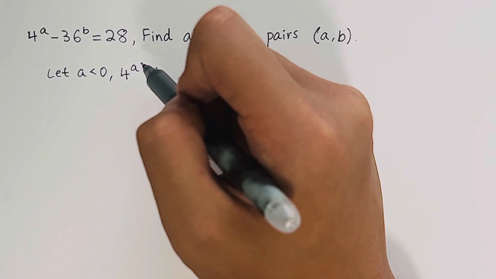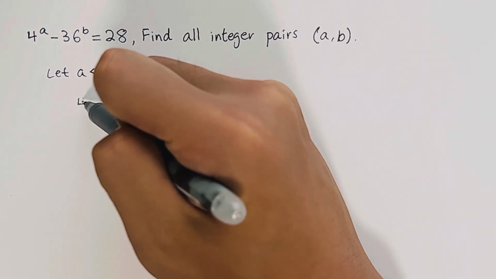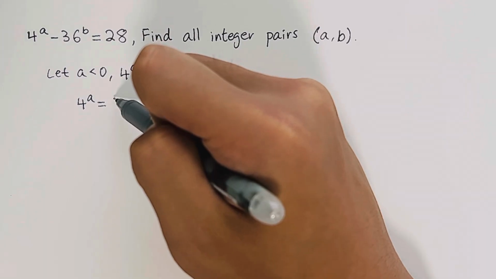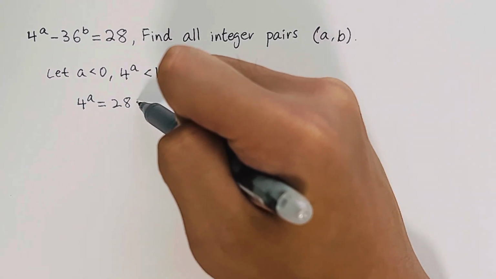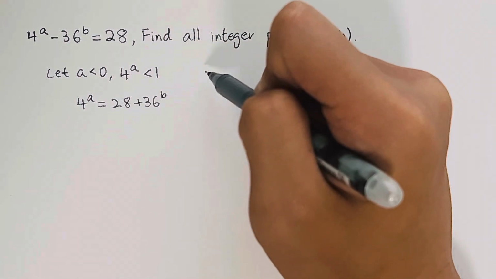And then the equation can be rewritten as 4^a equals 28 plus 36^b.